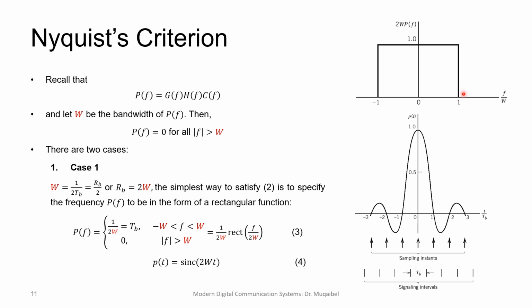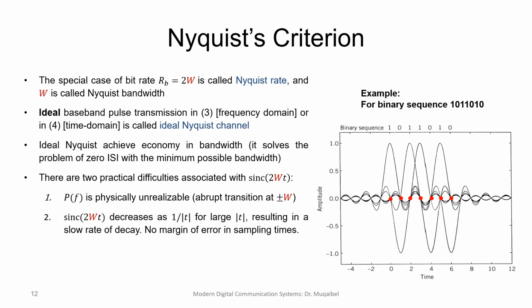This rect function, if shifted to the right and to the left, we can have a constant, and of course the rect will translate in frequency into a sinc in time. So rect in frequency will be sinc in time. So we're saying if you send sinc, then it's possible that you get 0 ISI because the next sinc will be here. I'll show you in the next graph.